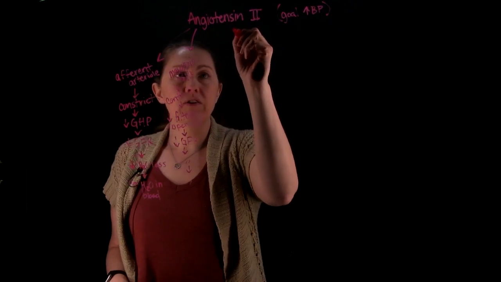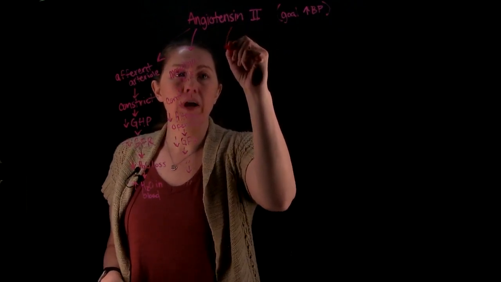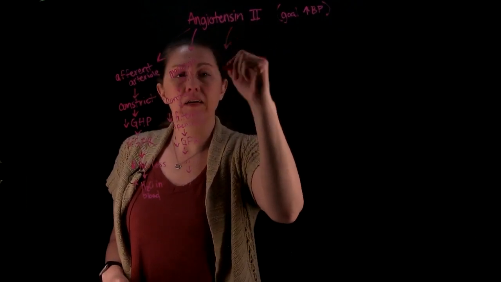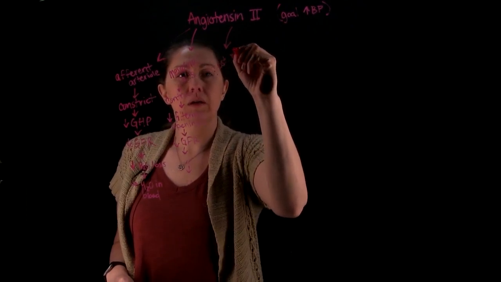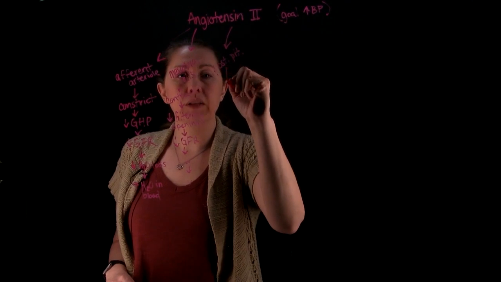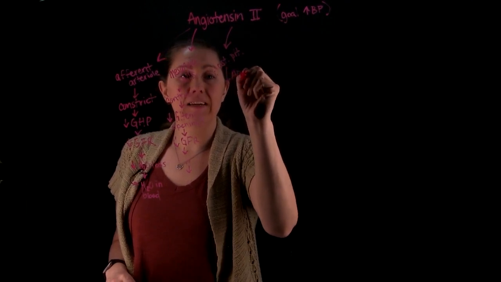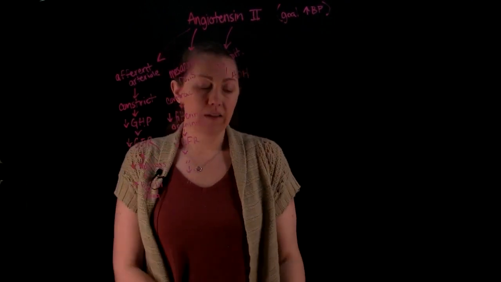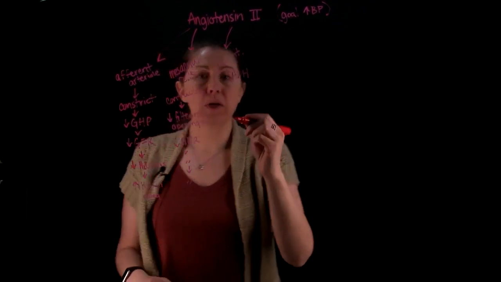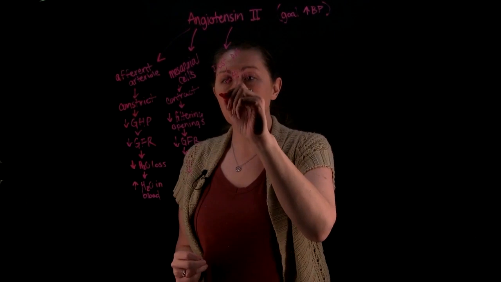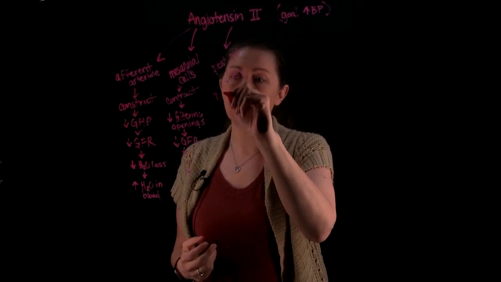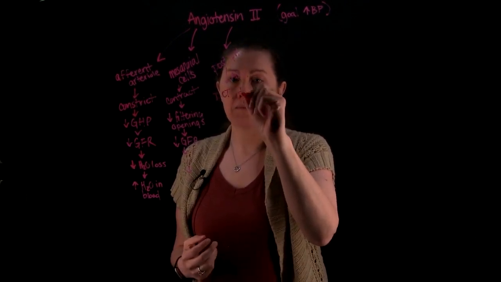You'll also use angiotensin to talk to some other endocrine structures, like the posterior pituitary. Posterior pituitary releases ADH. The job of antidiuretic hormone is to increase water reabsorption. So that's actually going to go to distal convoluted tubule and collecting system.